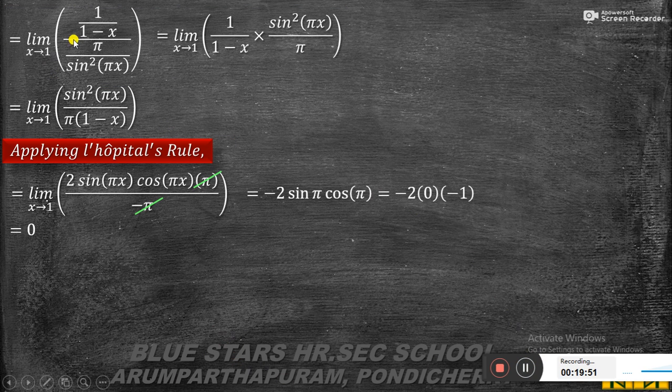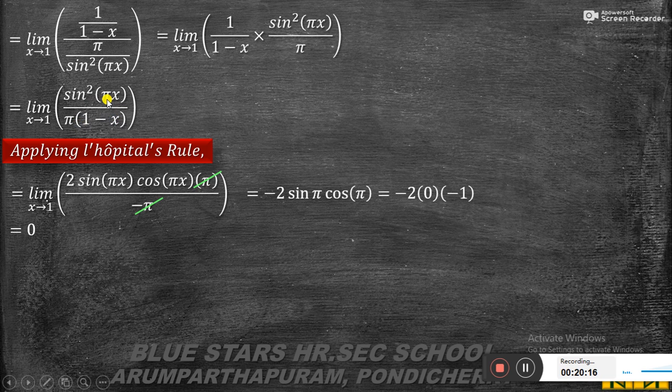Next here you see limit x tends to 1, this is the function 1 by 1 minus x by pi into sine square pi x. Now I take the reciprocal of this function, because it is in the denominator, so sine square pi x by pi. In the next step, limit x tends to 1 sine square pi x by pi into 1 minus x.